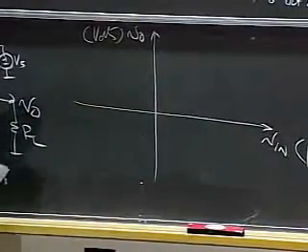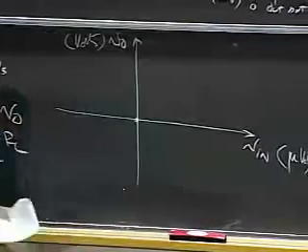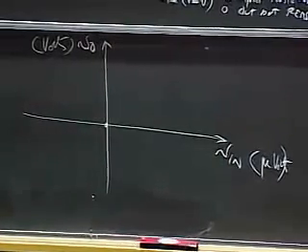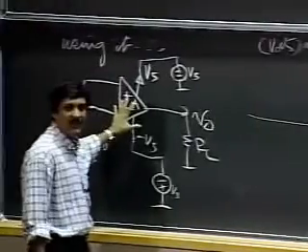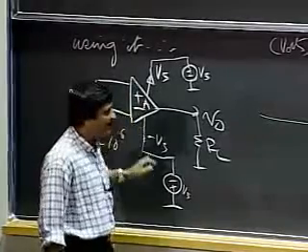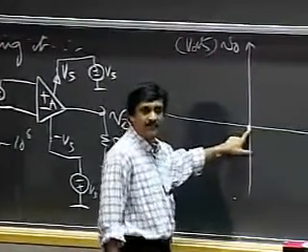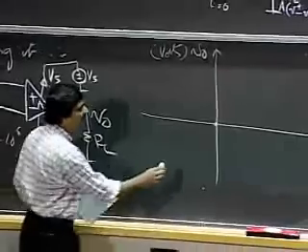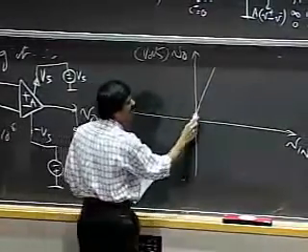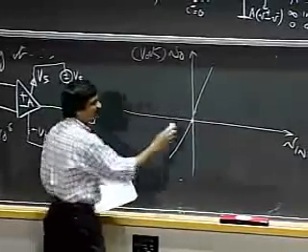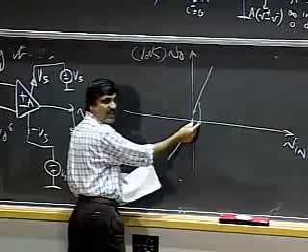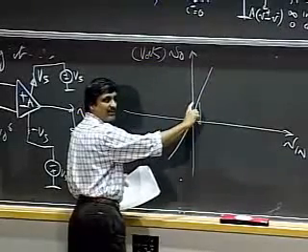So what's going to happen? If I somehow magically make V in exactly 0, if I short these two terminals, okay, if this were a completely ideal op-amp, which it never is, then my output should be 0. So as I increase my V in, the output should be A times V in. So for some small value of V in, let's say 1 microvolt, the output should be 1 volt.